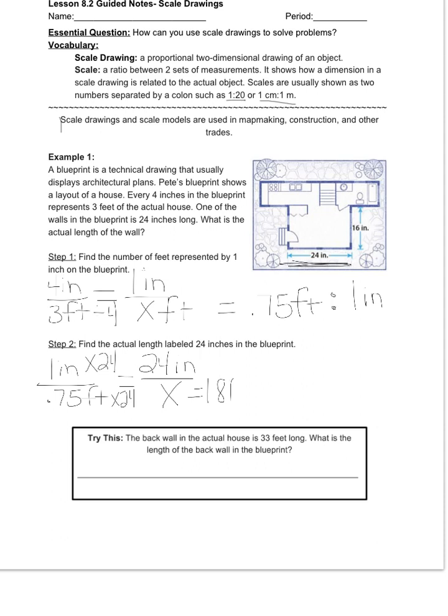Now there is also a second way of doing this, still using that proportional setup, where this time we're simply using the scale that is already given to us and just that scale alone.